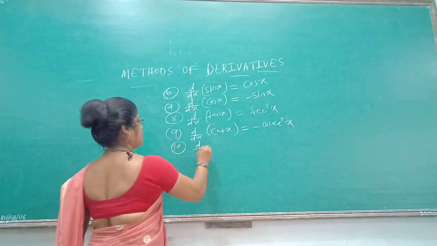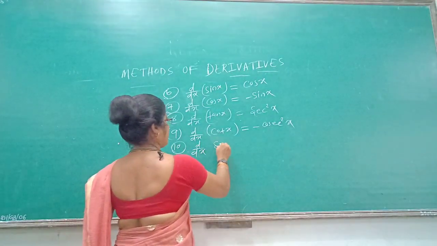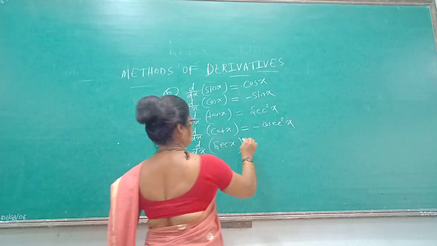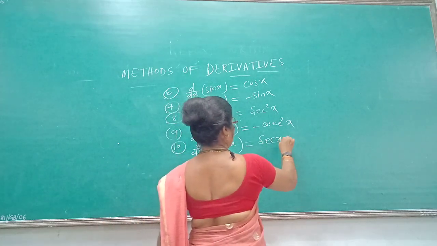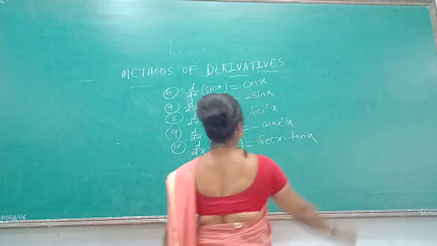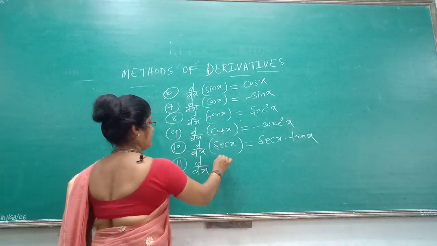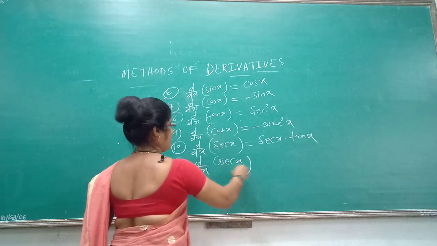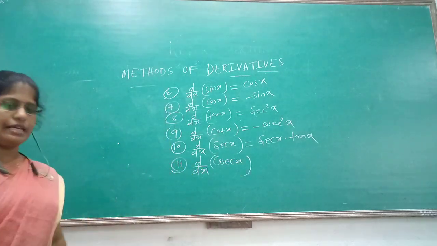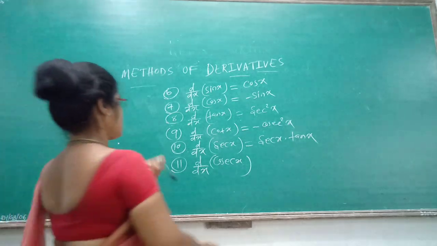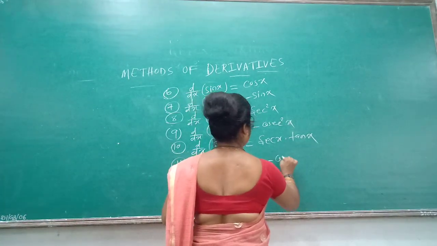Next, derivative of sec x is sec x into tan x. Next, derivative of cosec x is minus cosec x into cot x.